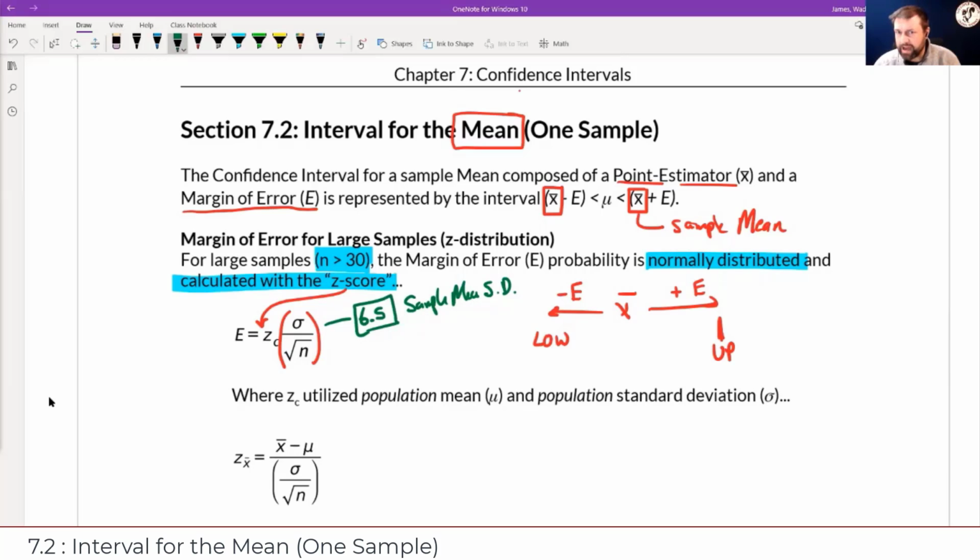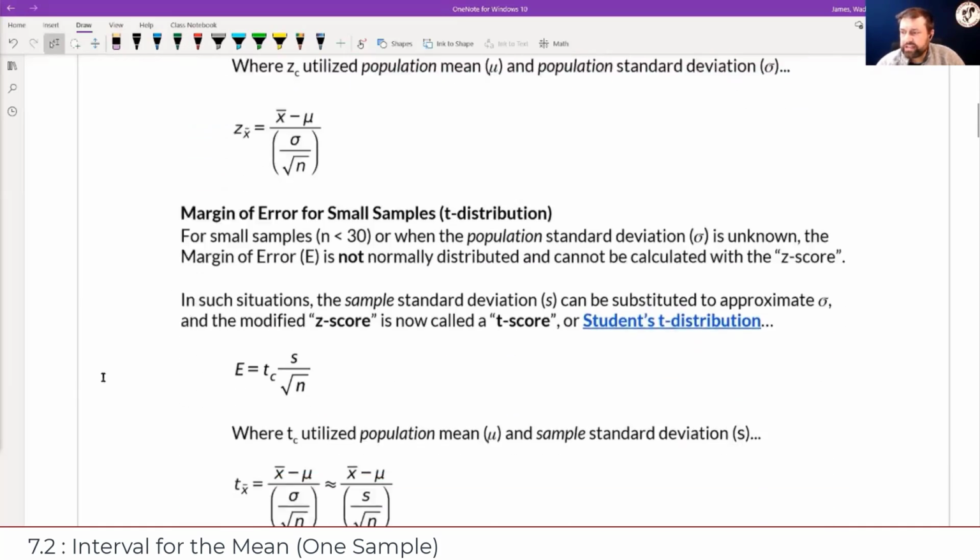That was our modified standard deviation. Well, that number pops up here. So you take the z-score for your confidence interval and you multiply it by this modified standard deviation. And that's it. You're done. That is your margin of error. Okay? So that's the easy part.